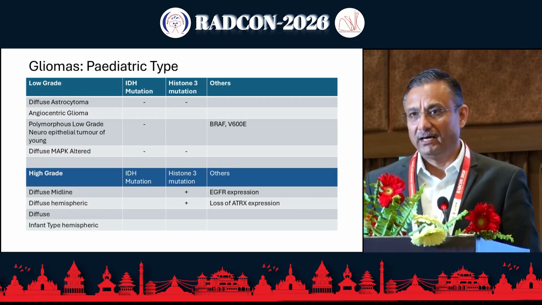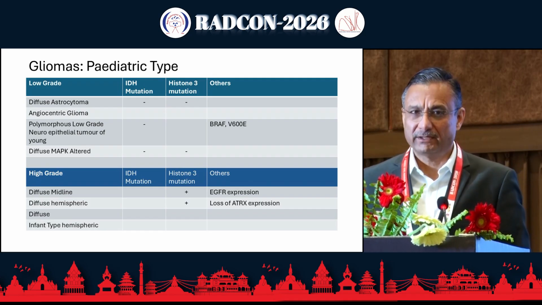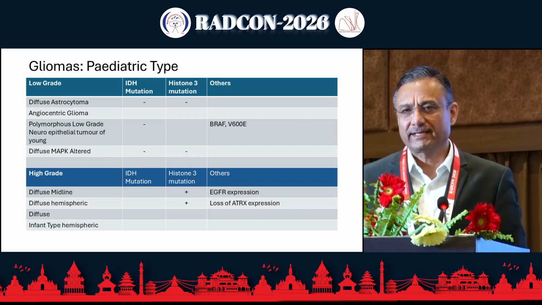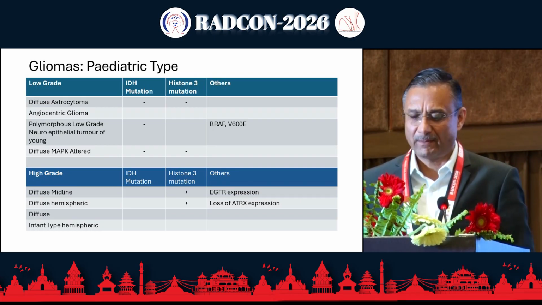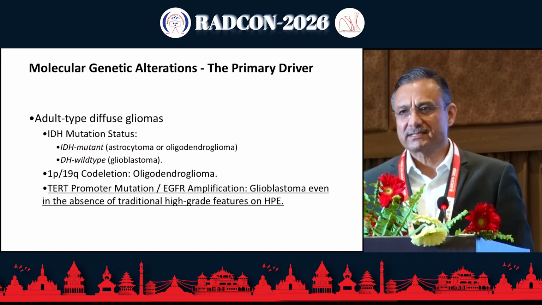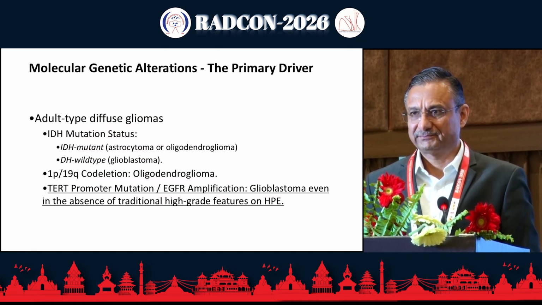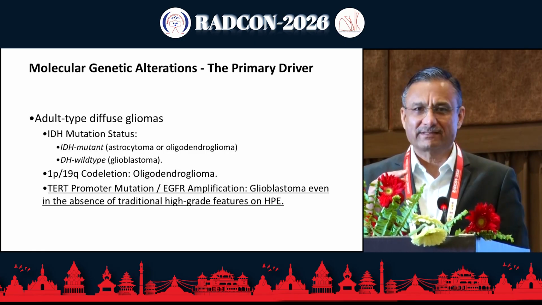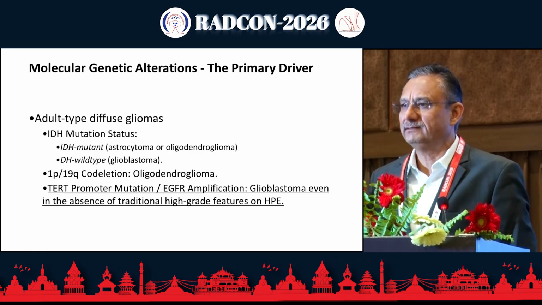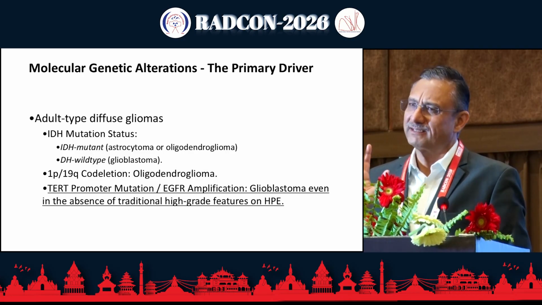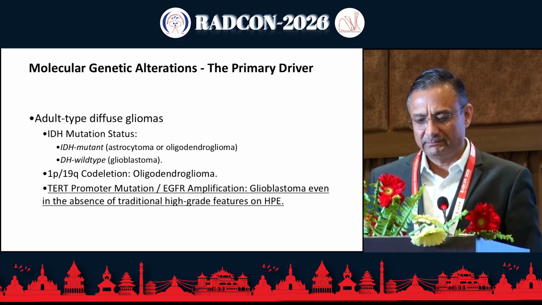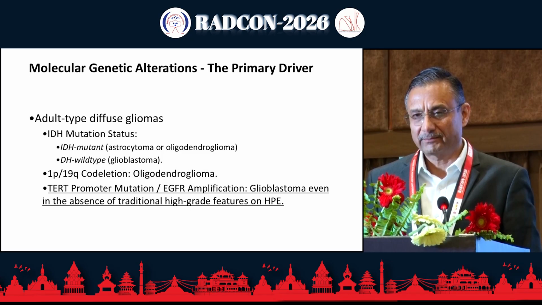So let's see how molecular genetics comes into it. I have taken down just the key points out of various things so that we can at least take home certain things. We keep hearing about IDH mutation and wild type. Wild type means there is no mutation. One would feel that wild would have mutation. No. Wild type means there is no mutation. If there is an IDH mutation on molecular biology, it's an astrocytoma or an oligodendroglioma.